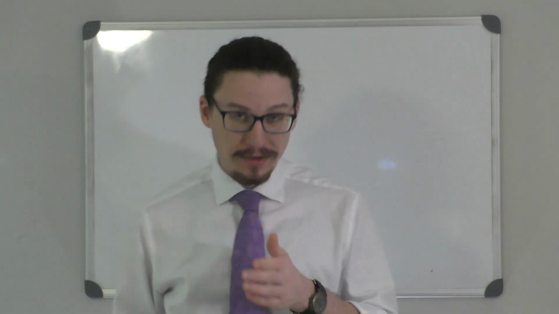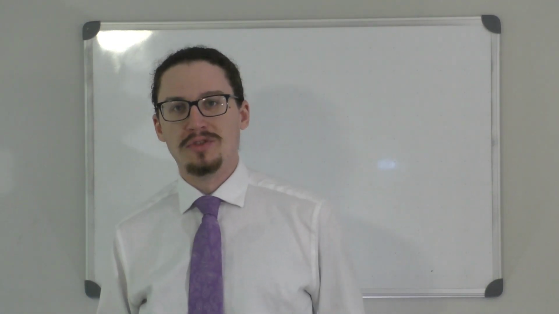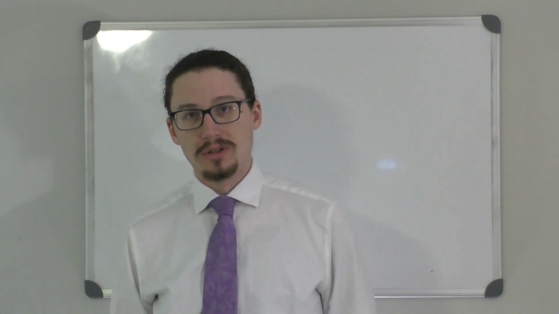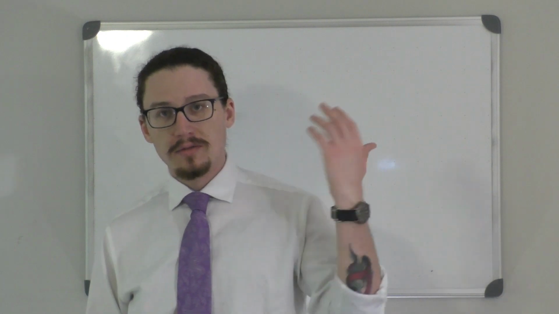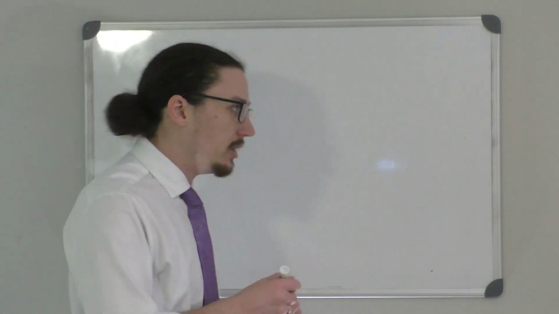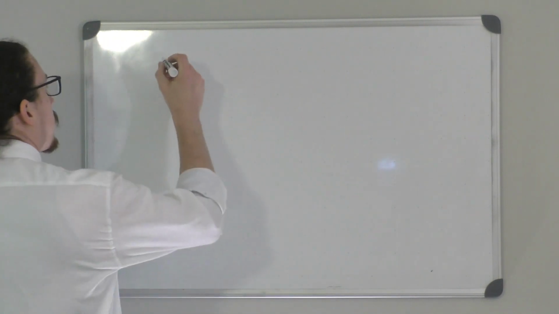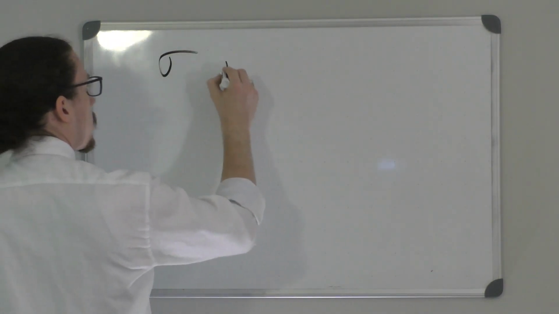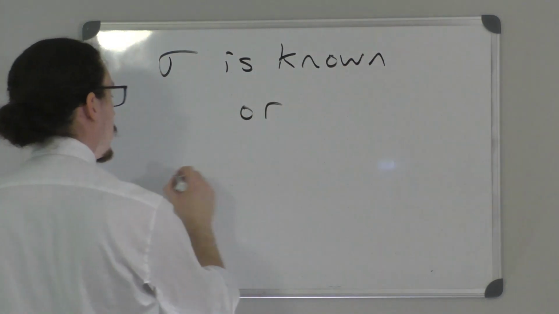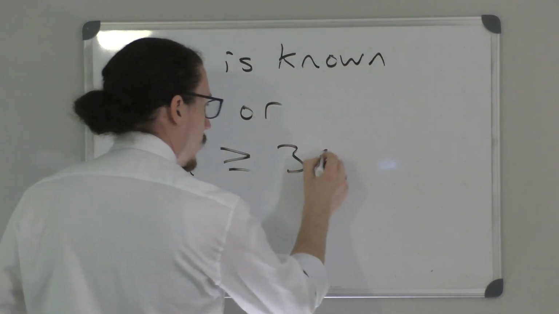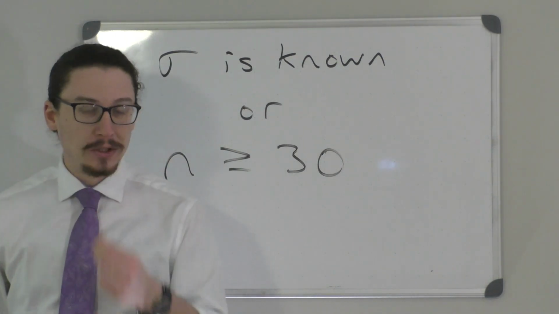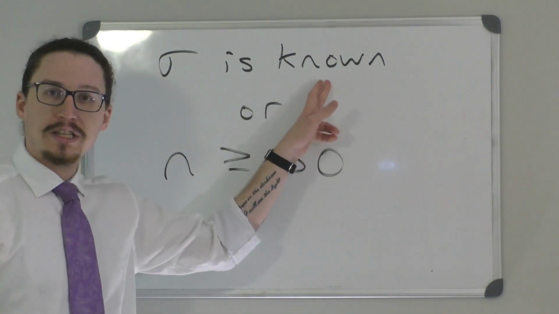Technically, I should have said that it was the confidence interval when we're using the z distribution. So this method of finding our confidence interval, we can use when one of two things is true.